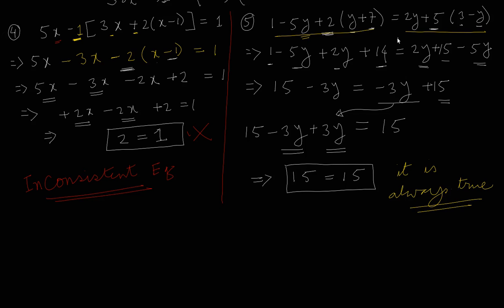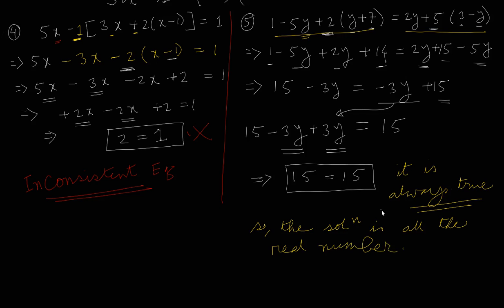Let's take y equal to 4. If you put y equal to 4 on the left hand side and y equal to 4 on the right hand side, you still find that left hand side and right hand side are going to be equal. So that means y has infinite number of solutions. So what's the solution? The solution is all the real numbers.